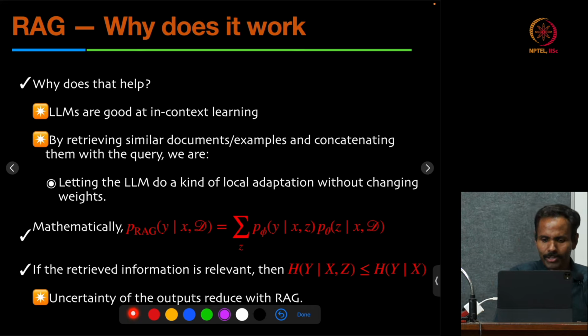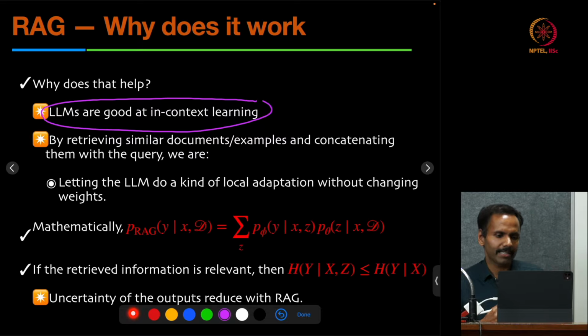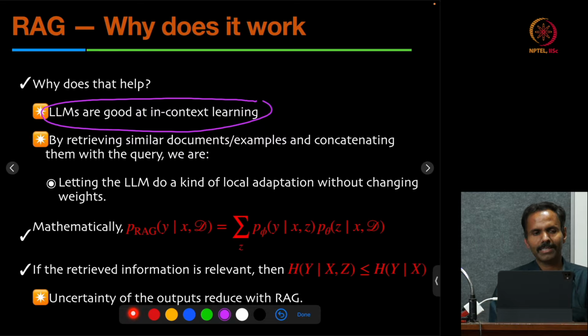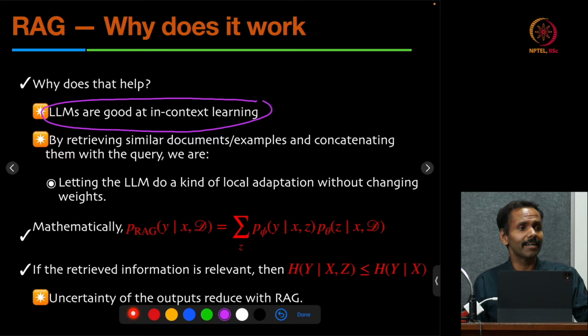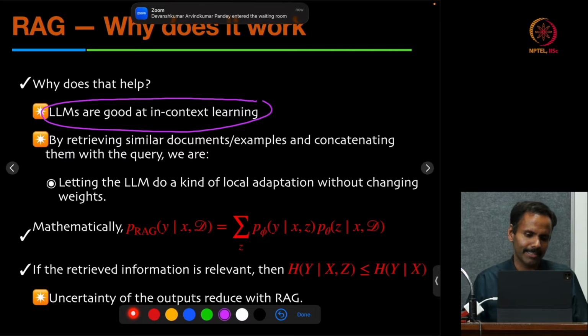We already saw in our first session on transformers and in context learning, LLMs are nothing but transformers with additional parts. They are good at in context learning. They are good at learning on the fly. They are good at forming relationships along with the query itself without having precise definition of tasks beforehand.